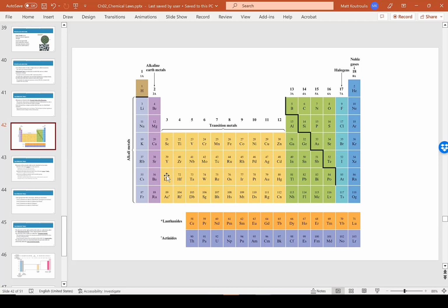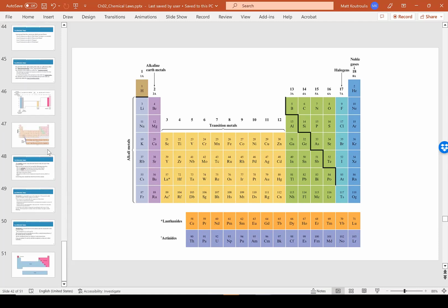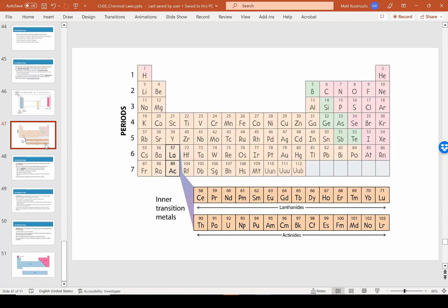You'll notice the numbering. This is 57, that's 72, so these fit there. So those are called the inner transition metals. This periodic table shows a little bit better how they fit in. Some periodic tables do this in a weird way. They put a blank space there, and then they put lanthanum down there and actinium down there. We will have almost nothing to say, sadly, about these elements.